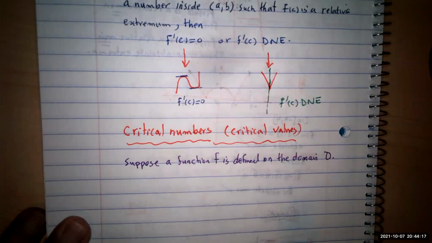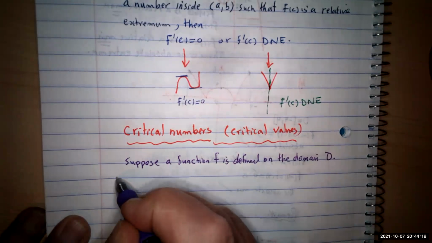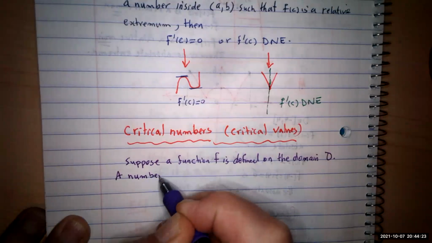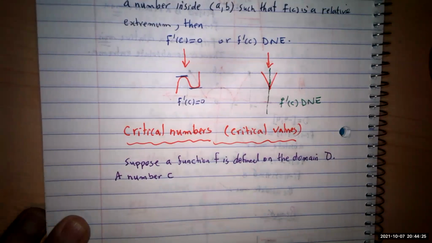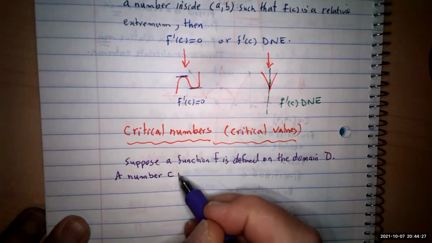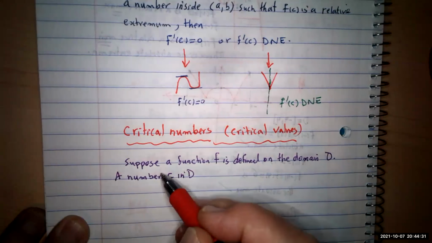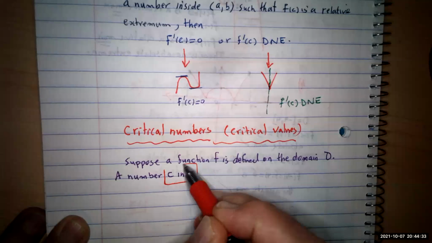So if this is the case, a number C in the domain D. The first condition is that C must be in the domain.